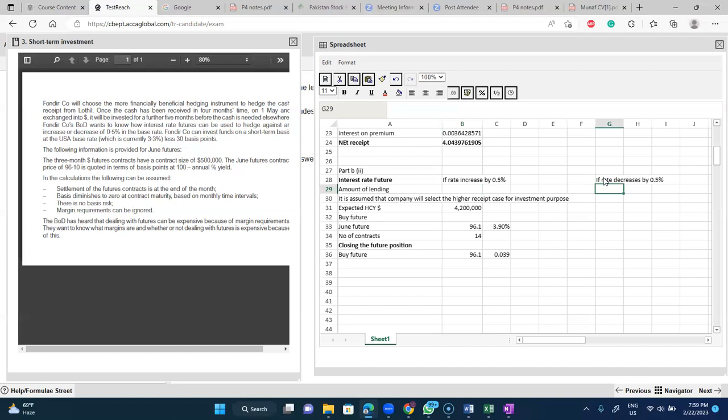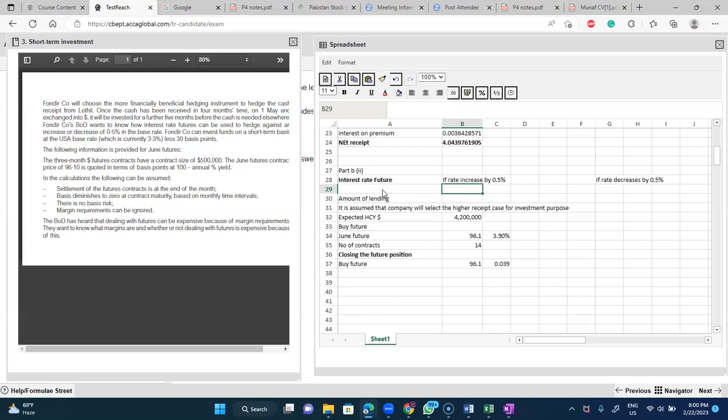By the way, what is the current rate? Current rate is 3.3%. If rate increases by 0.5%, it will move to 3.8%, right? If interest rate decreases by 0.5%, it will move to 2.8%.